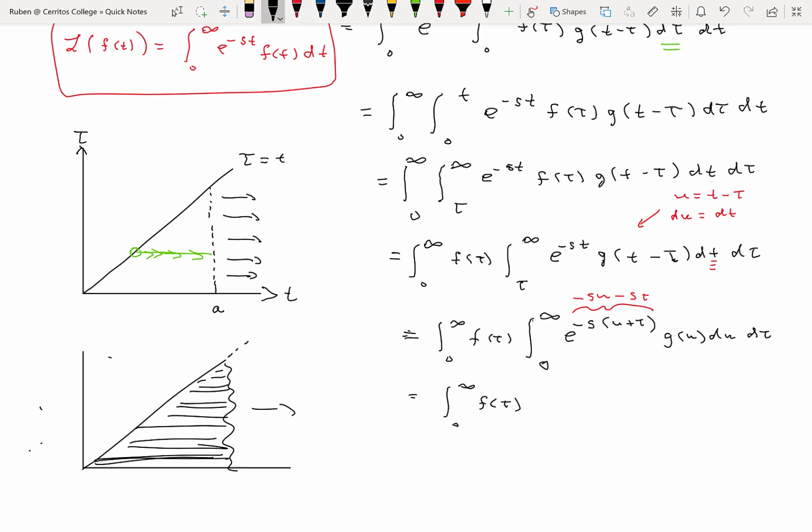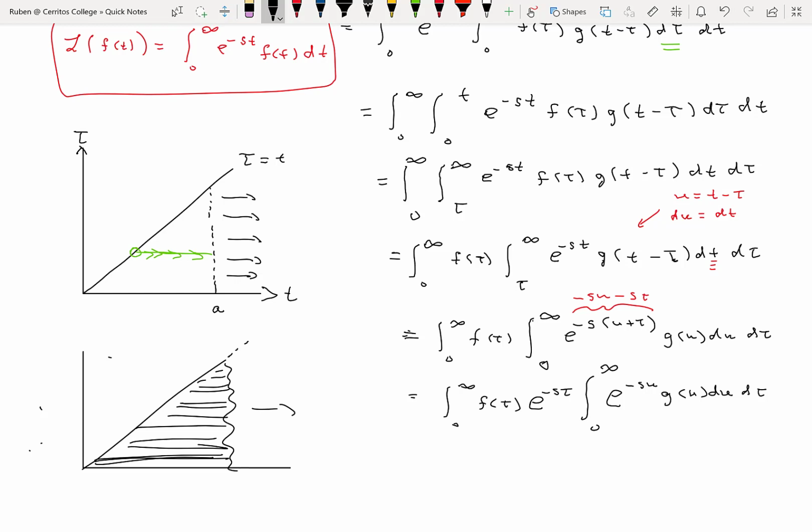I'm going to use a little bit of pre-calc that says then that e to the minus su minus s tau is e to the minus s tau times e to the minus su, and yes, I know I took it outside of the integral sign, g of u du d tau, u goes from 0 to infinity.